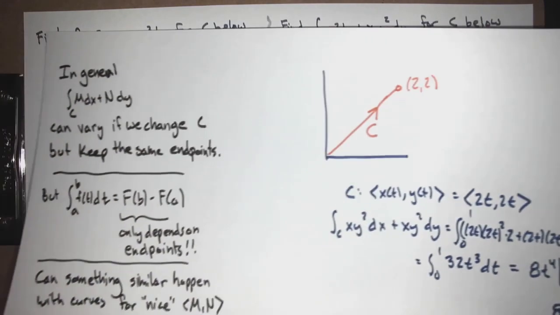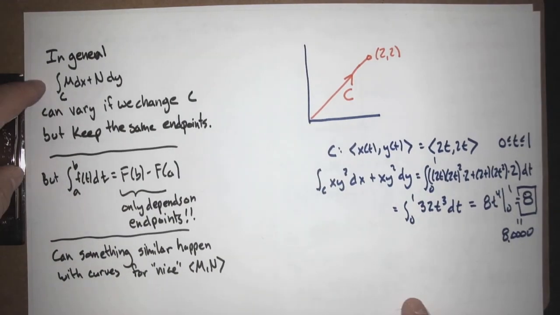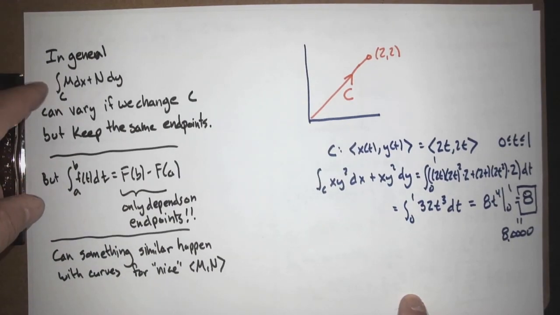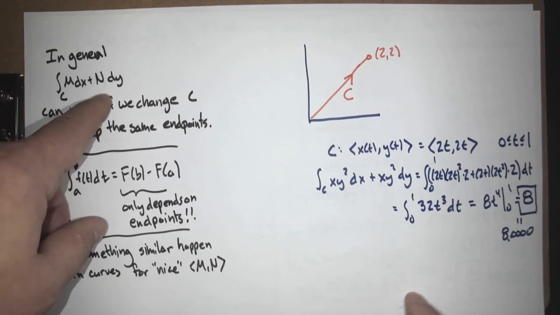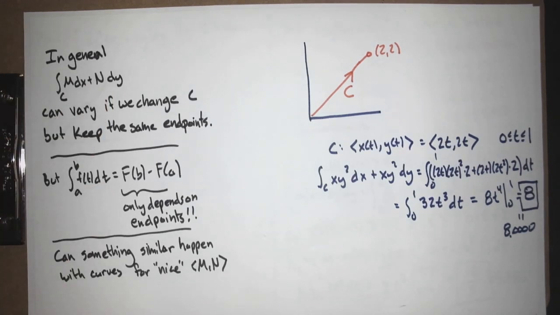Well, it is true that in general, we've just seen an example where we have this M dx plus N dy, where we had two curves that had the same start and stop, and they gave us two different values. So if we phrase it in terms of work, one way is less work if we move along that curve.